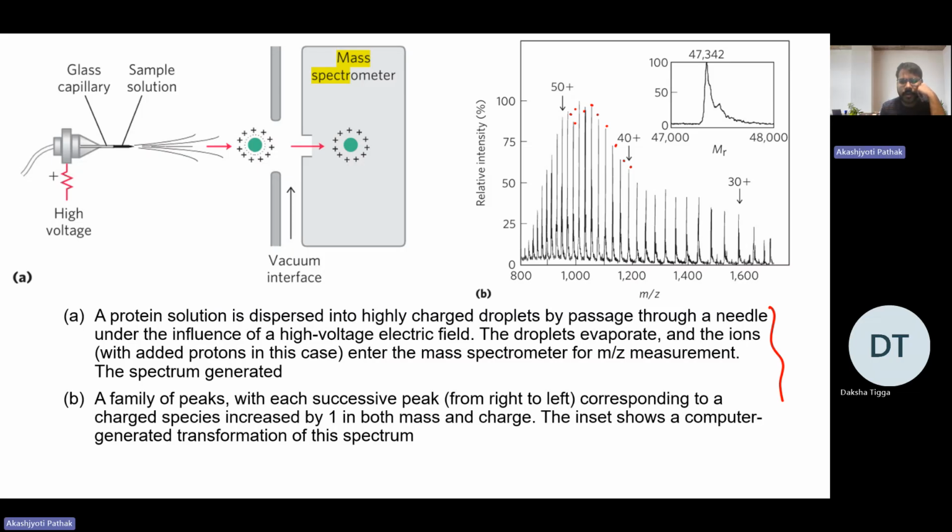So if you move from right to left, you can say that it corresponds to a charged species increased by 1 in both mass and charge. So you will have this type of spectrum, which corresponds to multiple peaks like this, as shown here.